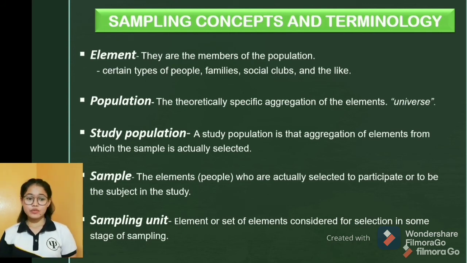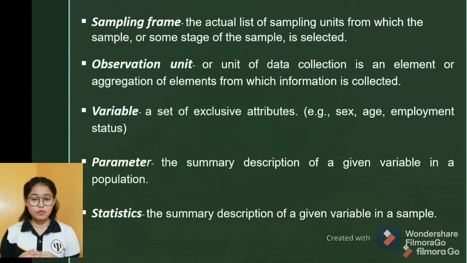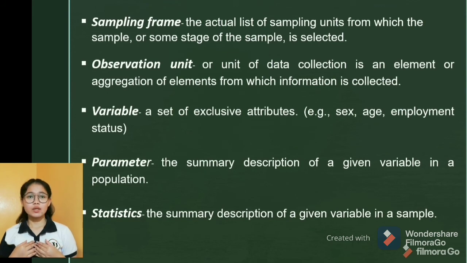Next, sampling frame. This is the actual list of sampling units from which the sample or some stage of the sample is selected. So again, it is the actual list of sampling units. For instance, I am trying to get data from the school on the students' math grades.